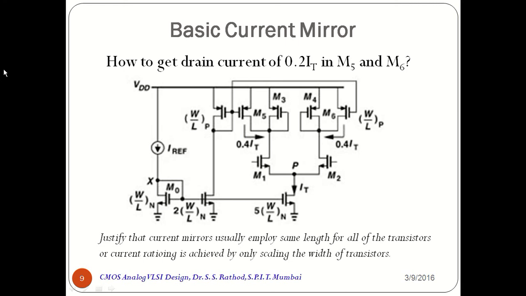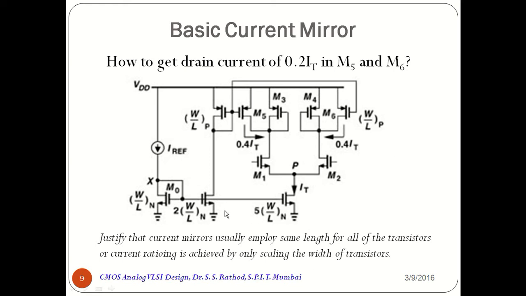Now the next question is how to get drain current of 0.2 IT in M5 and M6. So please observe the figure carefully. There is a reference current source, I reference. Then there is a current mirror.